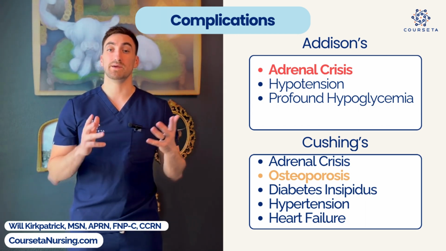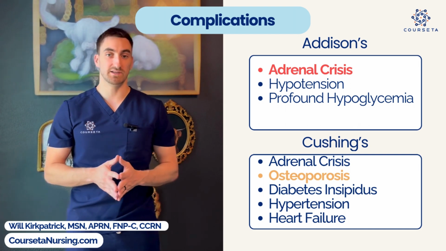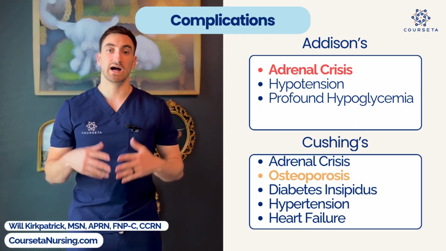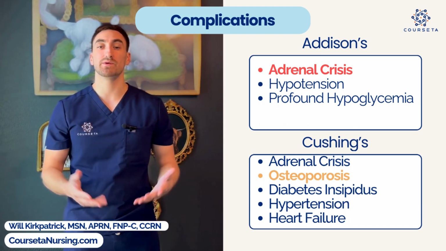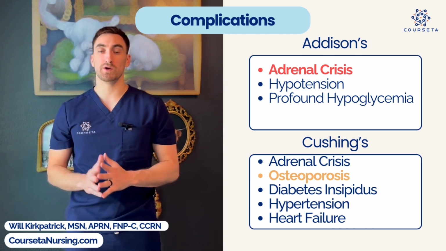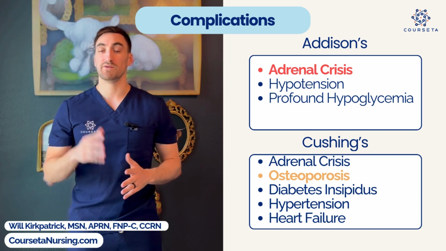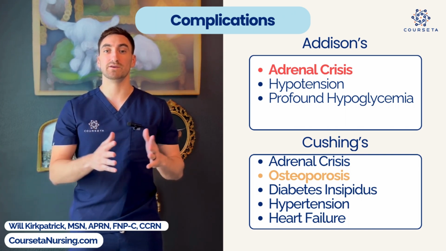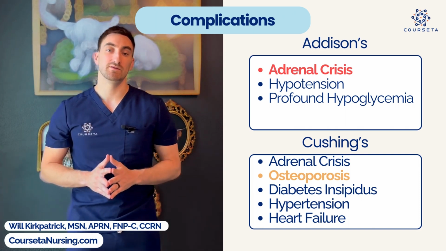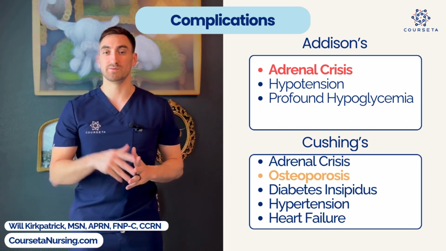And then lastly, diabetes insipidus is also possible with Cushing syndrome because high levels of cortisol can inhibit the release of antidiuretic hormone, which comes from the posterior lobe of the pituitary gland. If you guys haven't watched our video before, we have videos about diabetes insipidus versus SIADH. So make sure you guys go watch that.